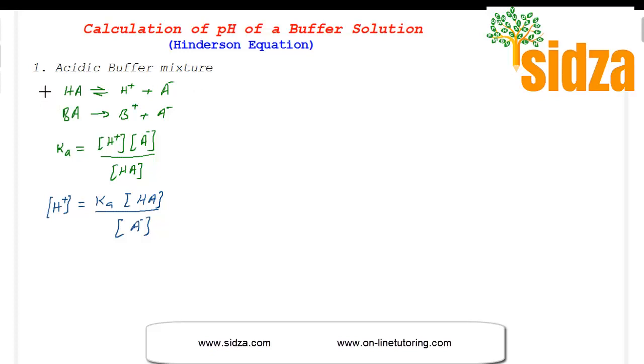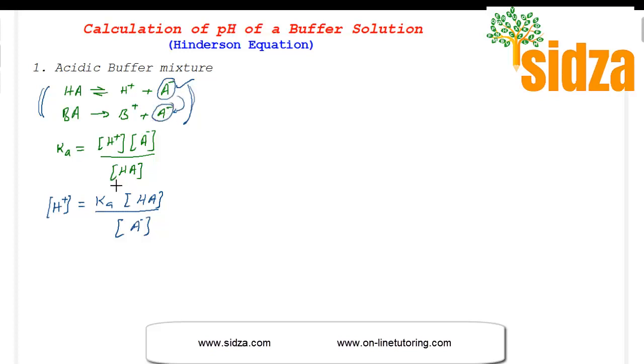We have a mixture of a weak acid and the salt. You know that the salt is a strong electrolyte, and the acid here is a weak acid. So the number of anions from the dissociation of the acid, compared to the number of anions from the salt, will be negligible.